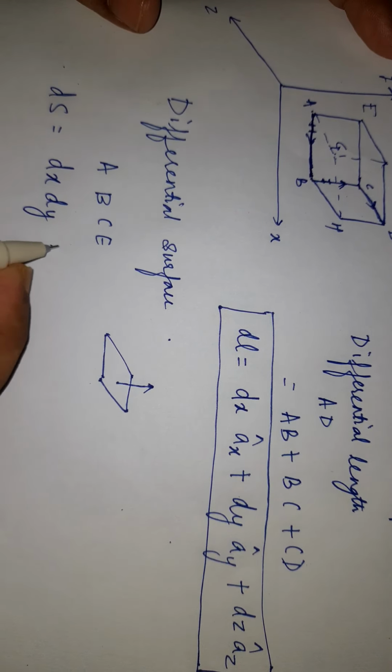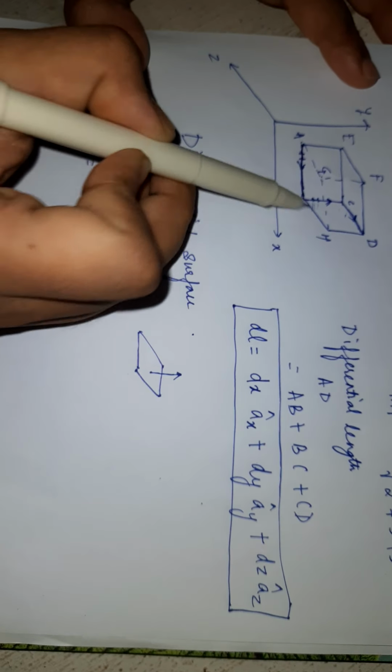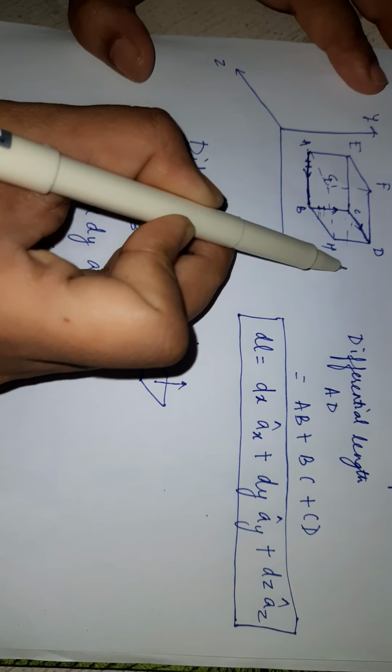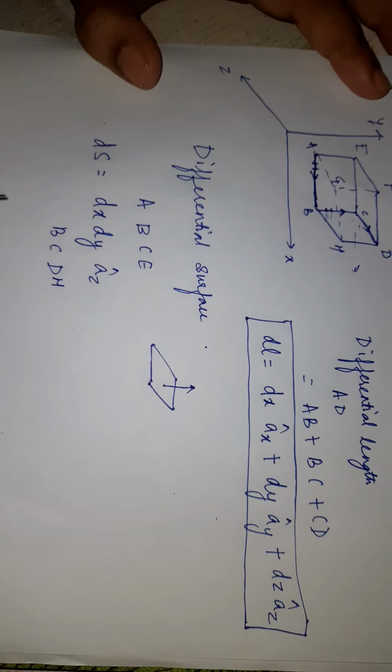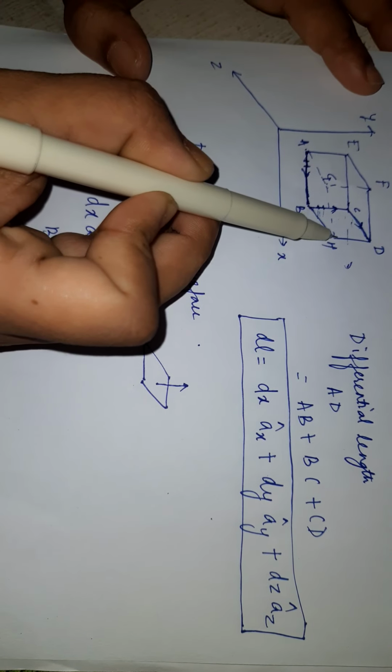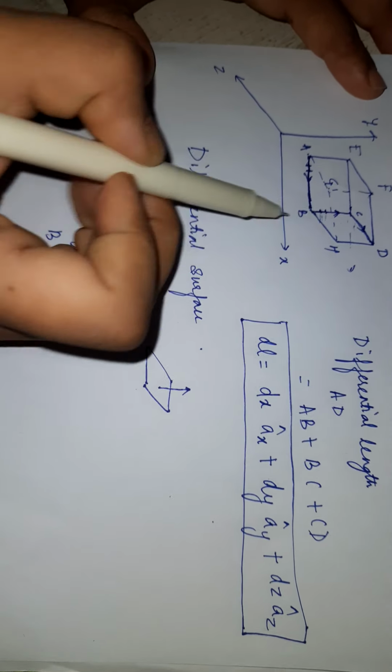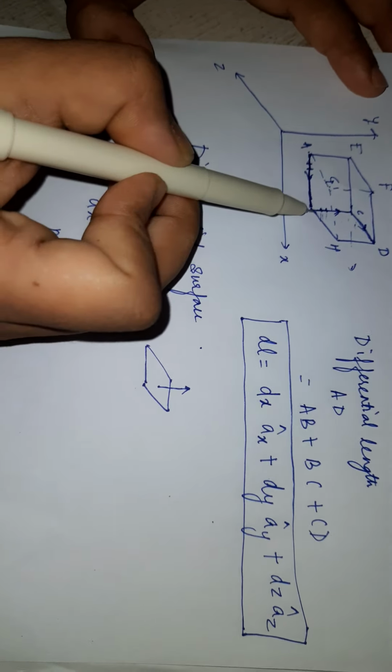Similarly, if I consider the surface B, C, D, H, its direction, as you can see, is in the x direction, and its sides lie along z and y.